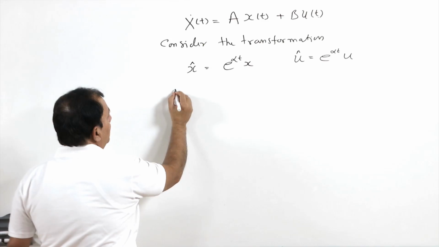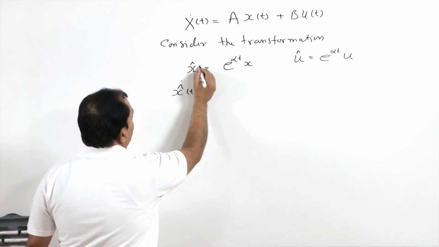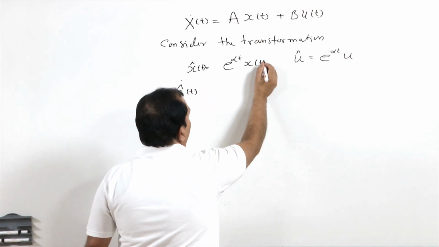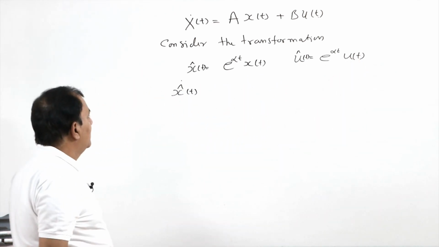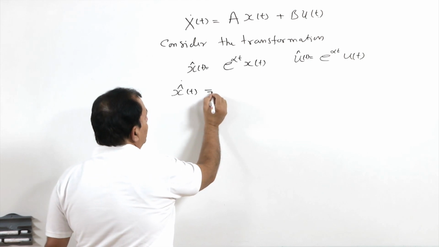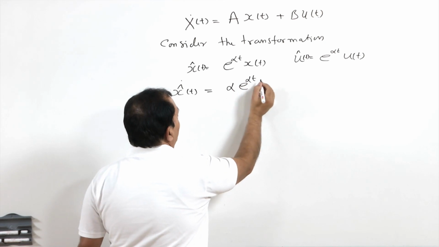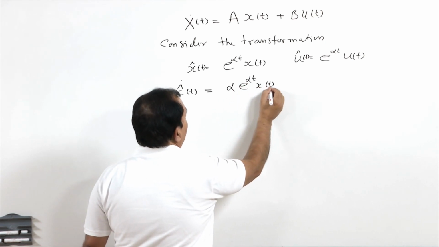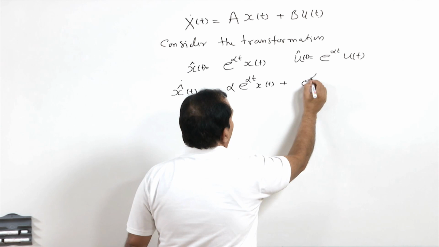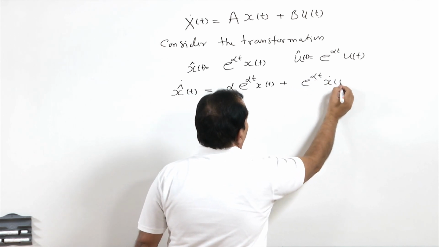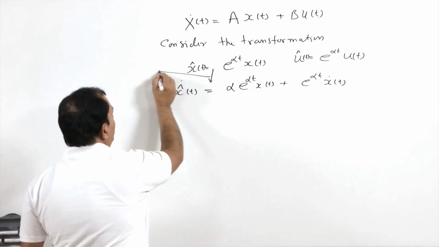From the first one, if we take the derivative, we have x hat dot of t equal to alpha e to the power alpha t x of t plus e to the power alpha t x dot of t, differentiating by the chain rule.